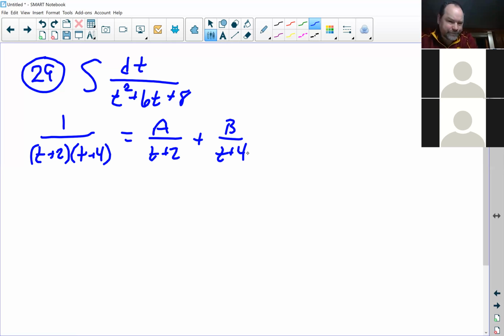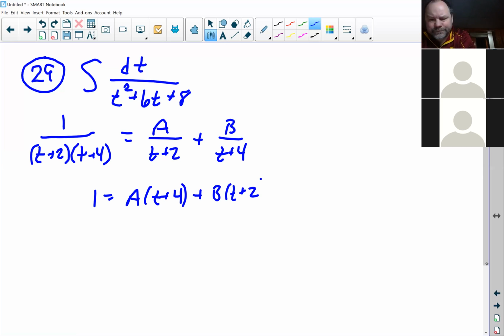And so if I multiply by t plus 2, t plus 4 on both sides, I will get A times t plus 4 plus B times t plus 2.